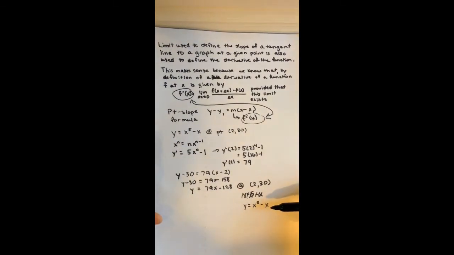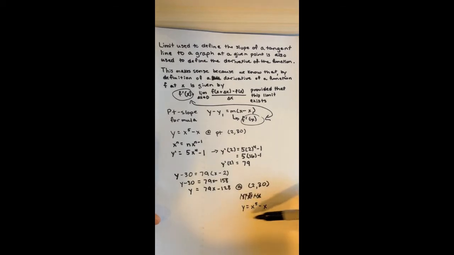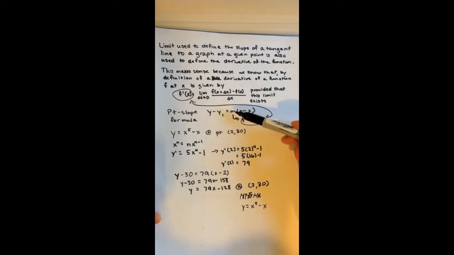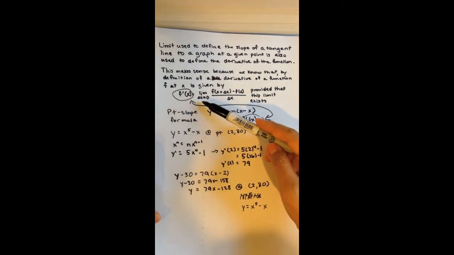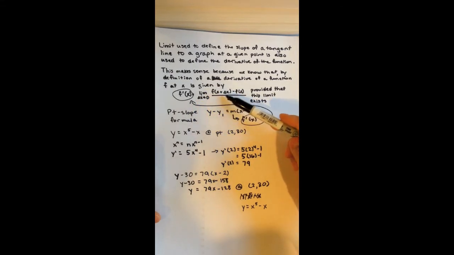Okay, just so that it's neater, I rewrote down the original function. So if we were to review what we learned so far, we learned that the slope that we use to find the tangent line of a curve is the same as the derivative, because the definition of the derivative, as we said, is this right here, the limit as the change in x approaches 0 of f(x plus change in x) minus the original function all over the change in x.